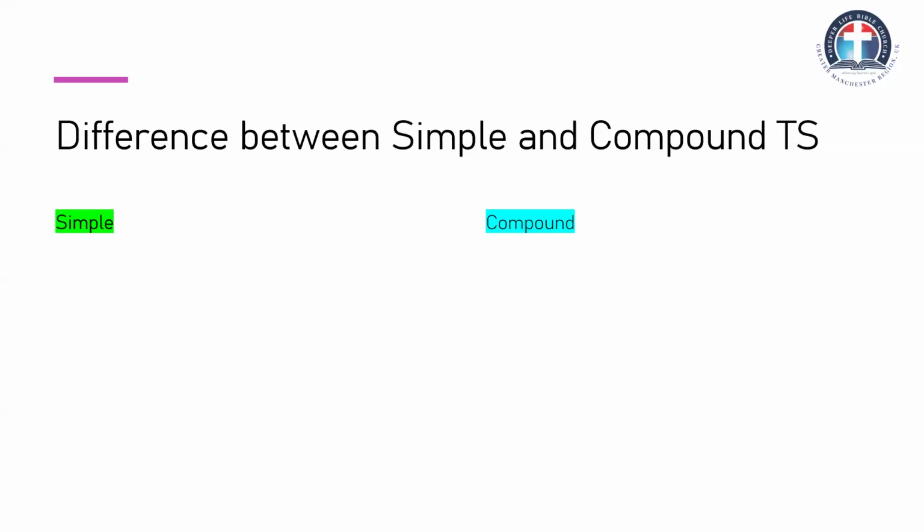Now let's look at some of the difference between the simple time signature and the compound time signature. All these time signatures you've mentioned, when the beats divide into 2 equal notes, then it's simple time signature.